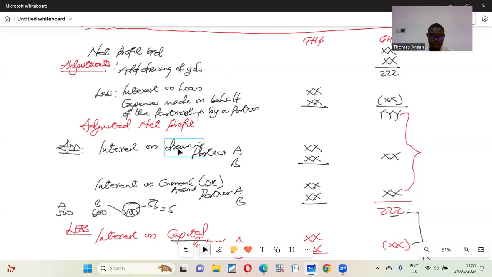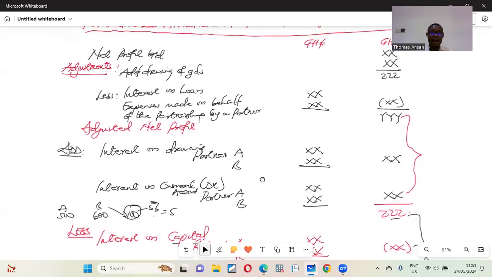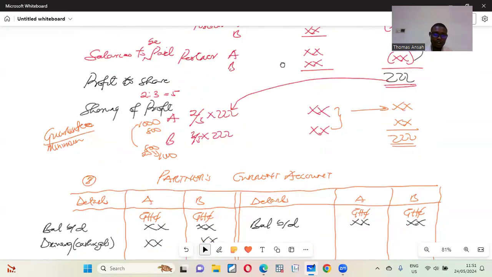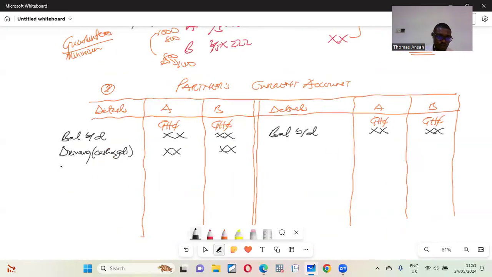Then this interest on drawings, what we've added. You realize that the things we add here, we will go and put them at the debit side. So we have interest on drawings. You reduce that one too from this side.